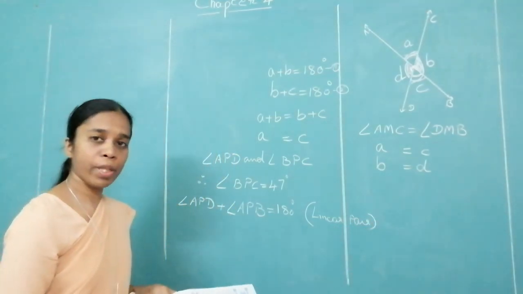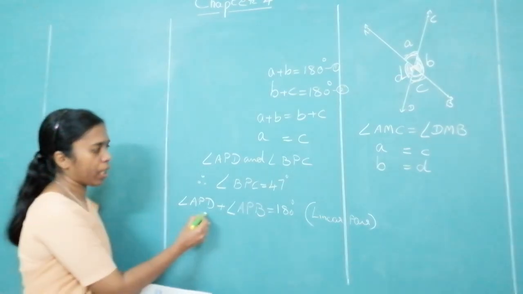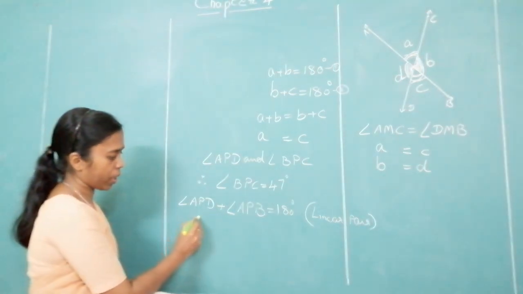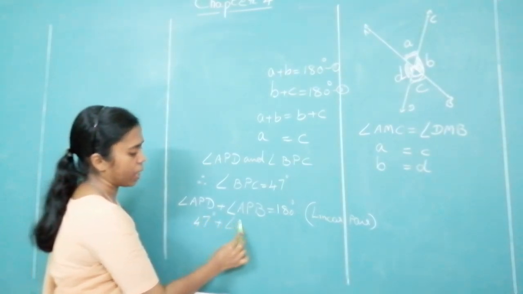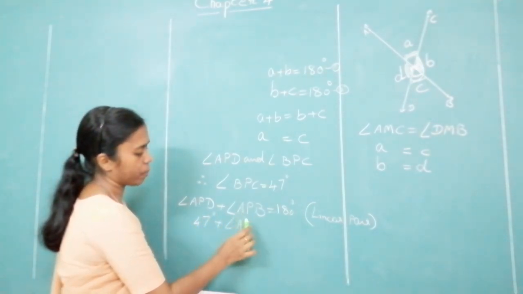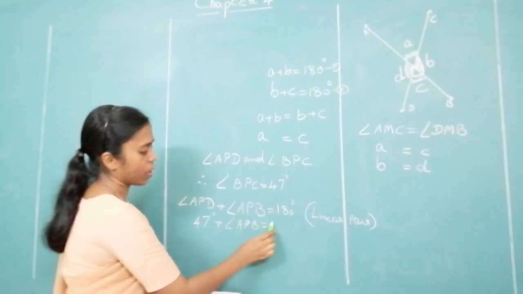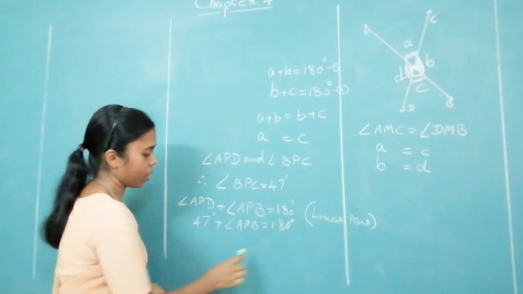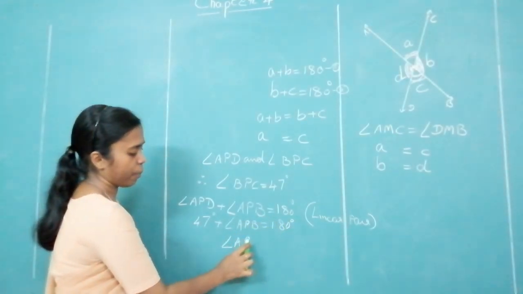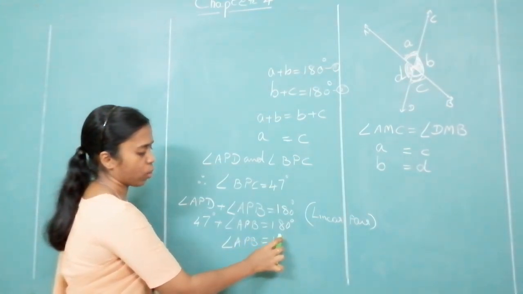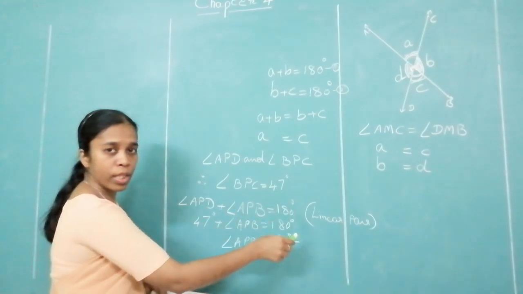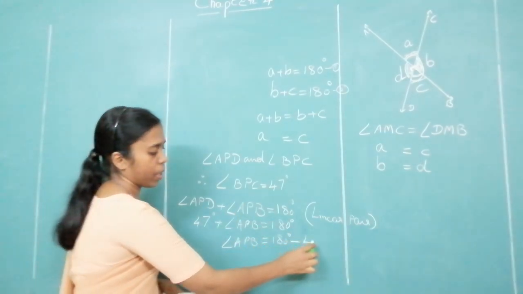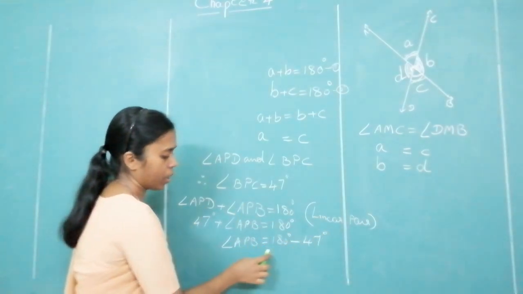Now linear pair is 180 degrees. Angle APD you already know. How much is angle APD? Therefore 47 degrees plus angle APB is equal to 180 degrees. Therefore angle APB is equal to 180 degrees minus, this is plus, so on the other side it will become minus, minus 47 degrees.